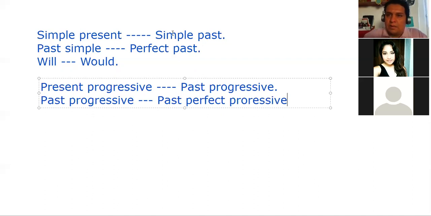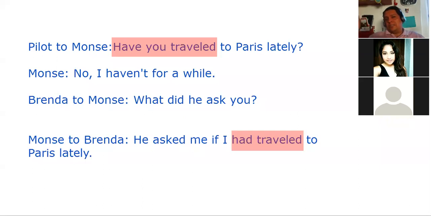Okay, this is the way. So it's actually the same, you just change the verb. And when you do reported speech and it's about a question, you don't do the question. You just say what the person asked you. We will be working with those questions because this is a little deeper. But for now, this is the way it goes.